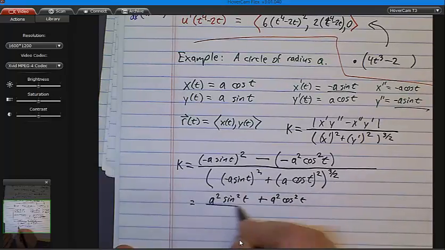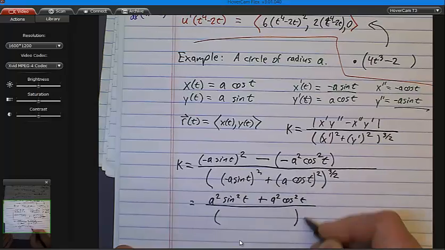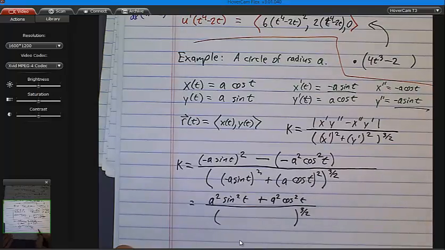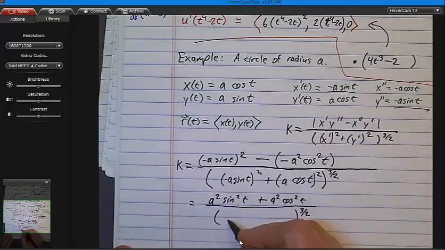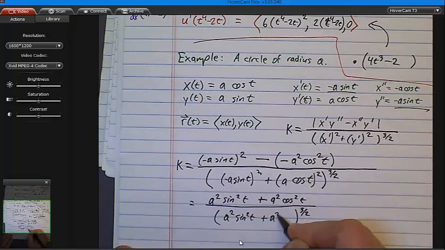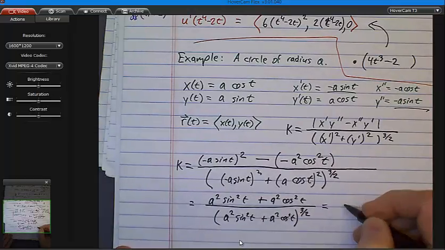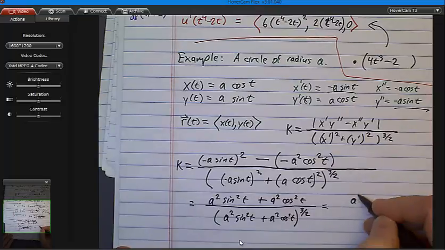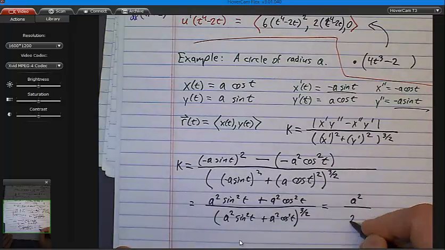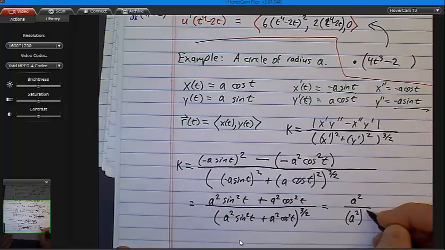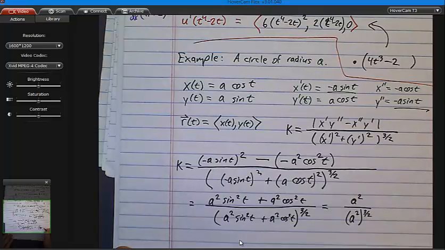That's really nice. All over. And then down here, this one works out nice too, right? Yeah, you get a squared sine squared t plus a squared cosine squared t, right? So this is beautiful. We get a squared over a squared to what power? Well, it was 3/2, right? So now I just need my laws of exponents.